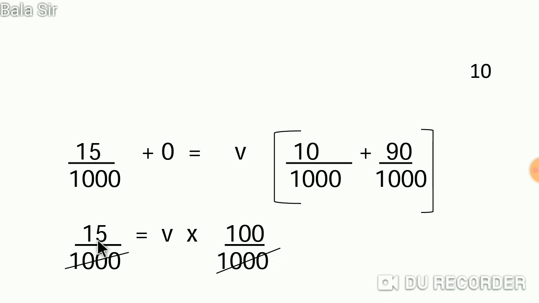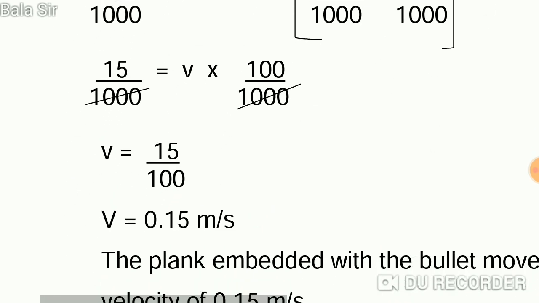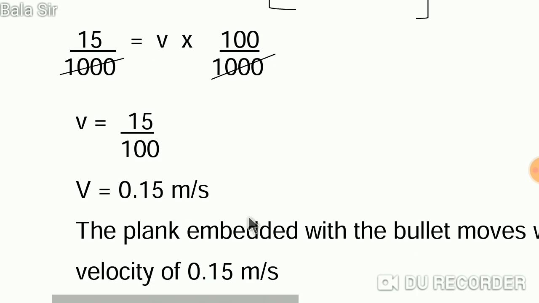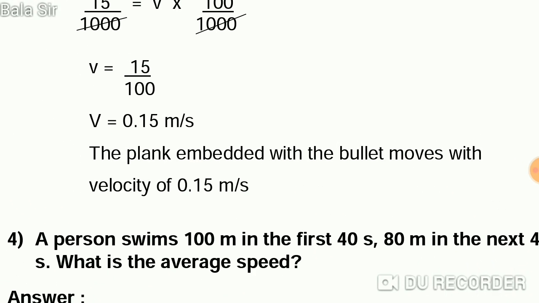What is remaining? 15 equal V into 100. So V is equal to what? 100 will come here. It will become 15 upon 100. So V is equal to 0.15 meter per second. So the plank embedded with the bullet moves with a velocity of 0.15 meter per second.